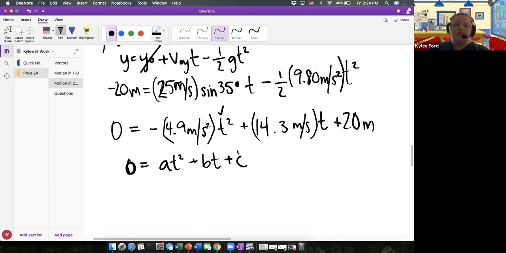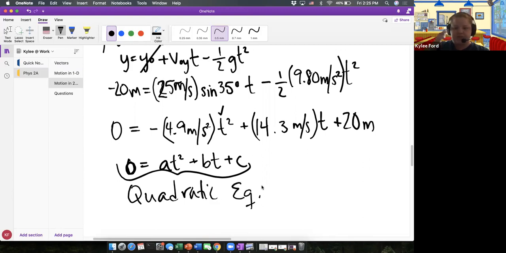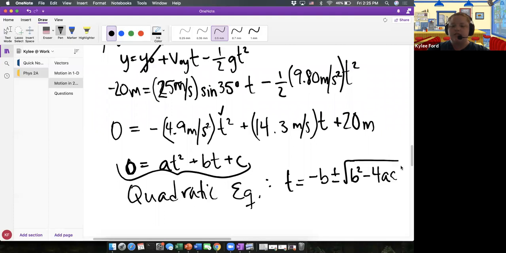So in order to solve for my t, I will need to look at it in this form, and I'm going to need the quadratic equation. So my quadratic equation is going to be t equals negative b plus or minus the square root of b squared minus 4ac, divided by 2a.